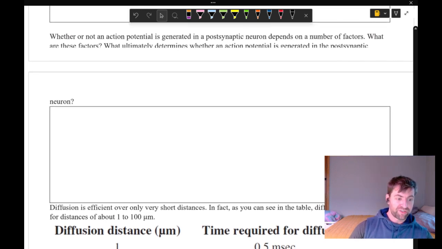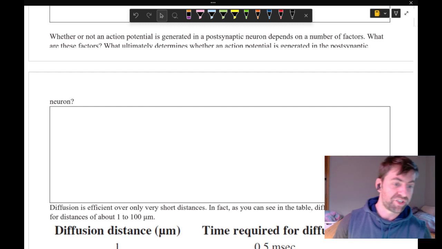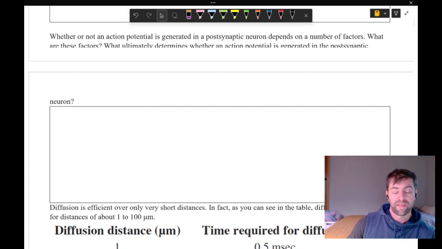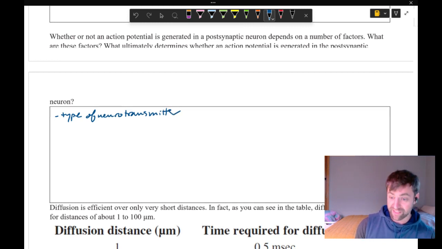Whether or not an action potential is generated in a postsynaptic neuron depends on a number of factors. What are these factors? What ultimately determines whether an action potential is generated in the postsynaptic neuron? This depends on a couple of things. We've got the type of neurotransmitter. Is it excitatory or inhibitory?